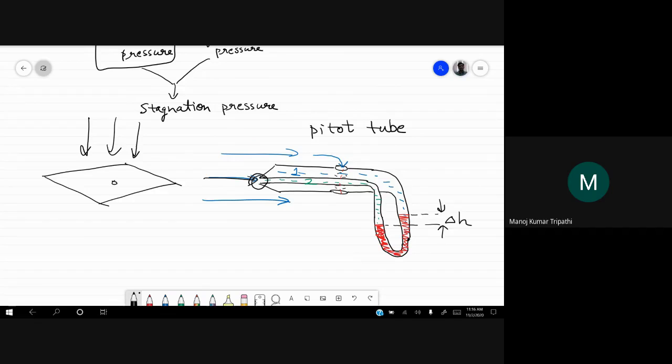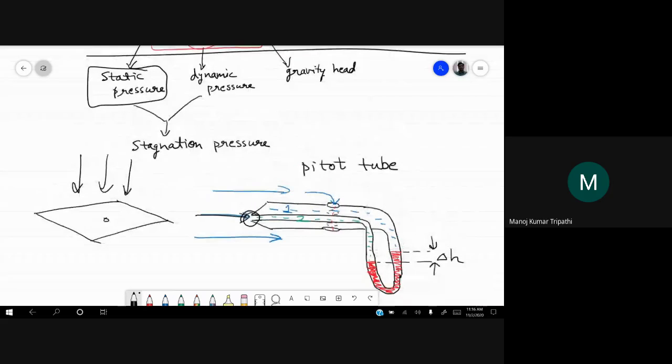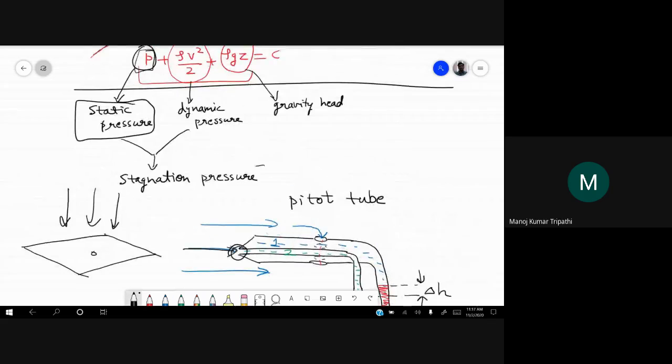Let it hit one side of the paper and see what velocity you feel on the other side of the paper. So just behind the hole, you'll see that the velocity goes to almost zero. If the hole is very small, it will go to almost zero. So that is known as stagnation pressure.